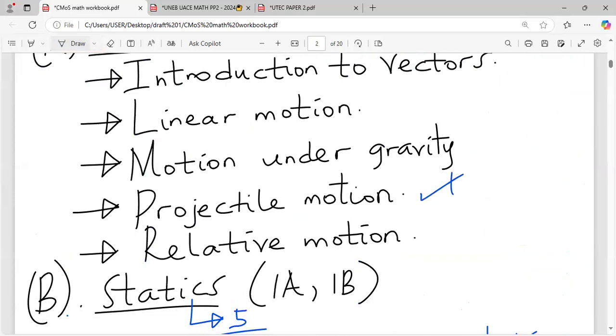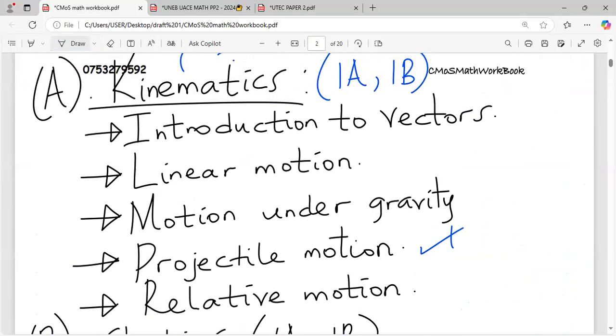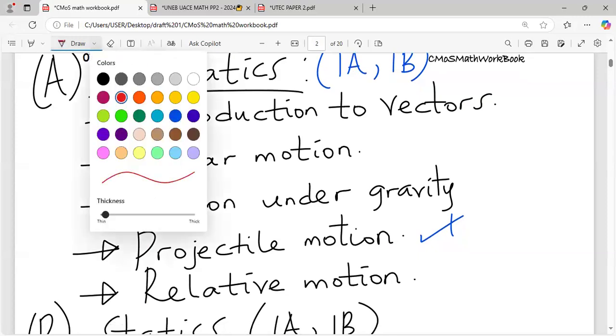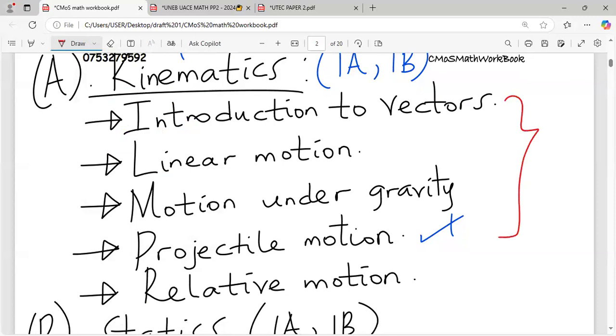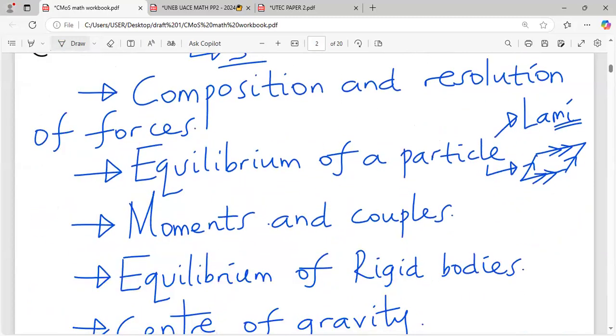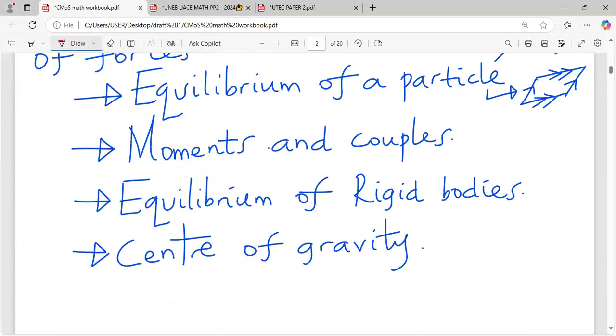So I want to tell you, how do you find yourself failing math 2? You say, yeah, I'm now going to do kinematics. Do you know what you do? You come and cover only these 4. You leave out relative motion. You come to statics, you do all of those and you leave out center of gravity.